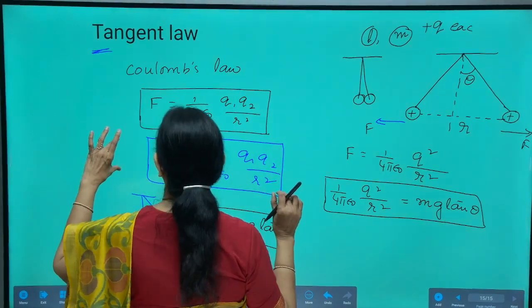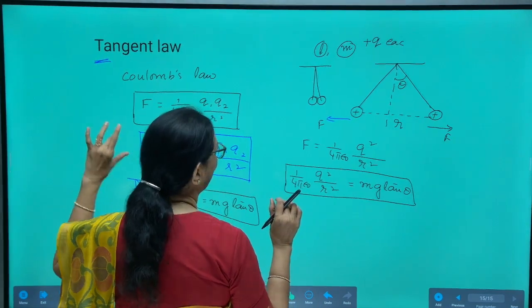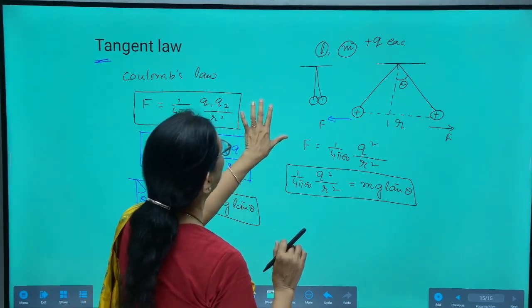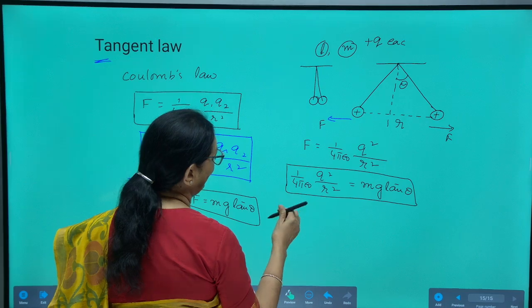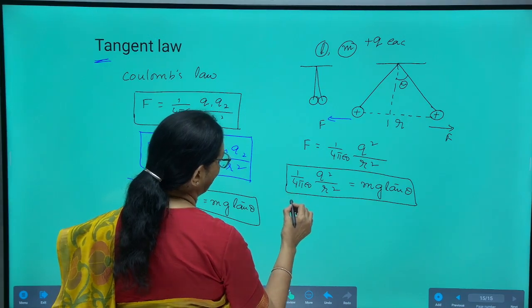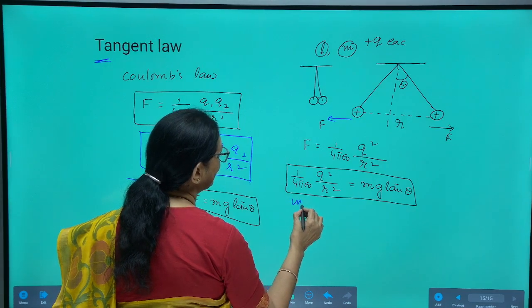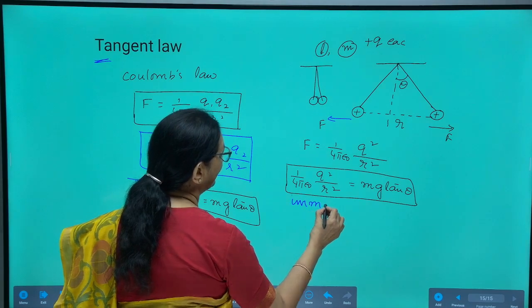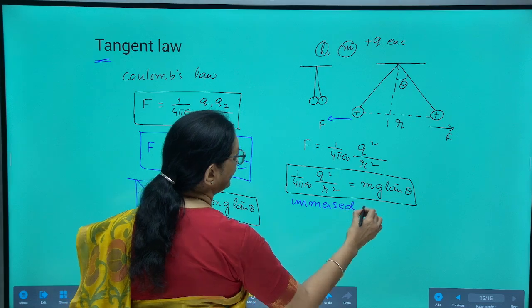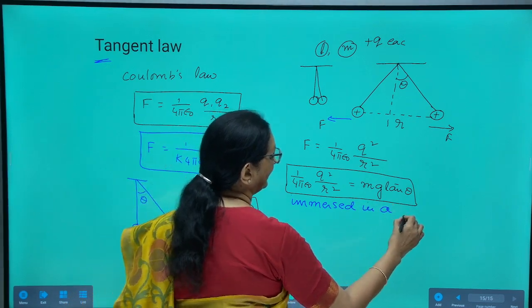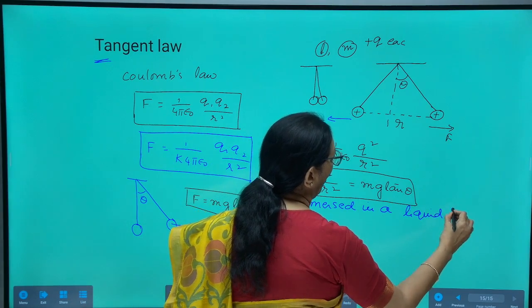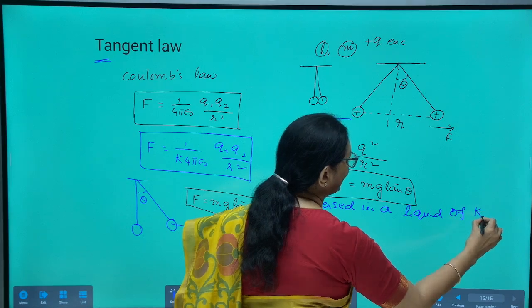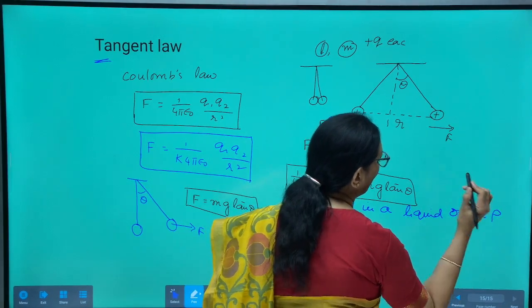Here we talk about a special condition. Follow that carefully. Here the arrangement is submerged, or immersed, in a liquid of dielectric constant K and density rho.